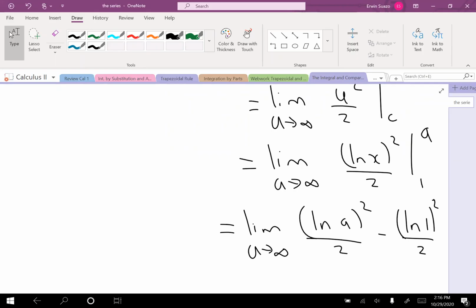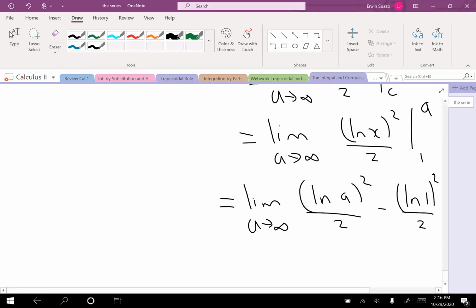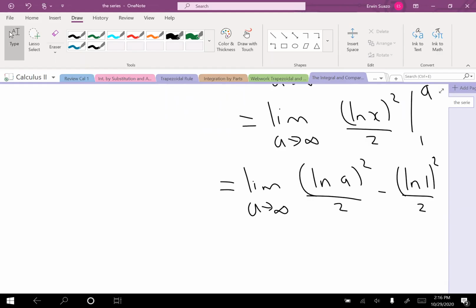Ln of 1 is 0, correct. And then what is the limit when a goes to infinity of ln of a?